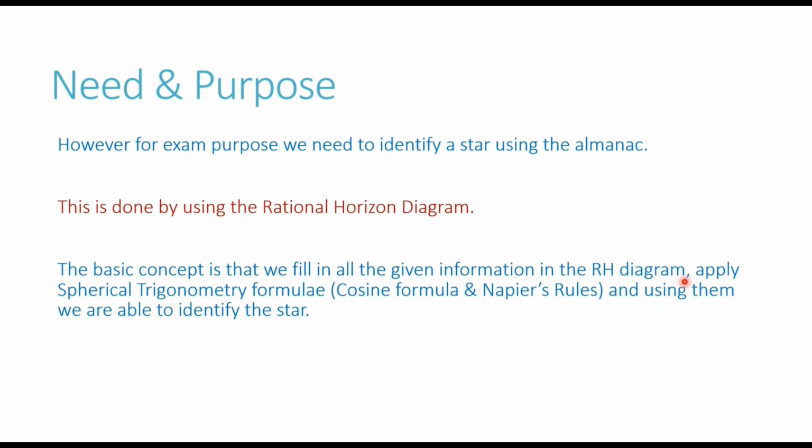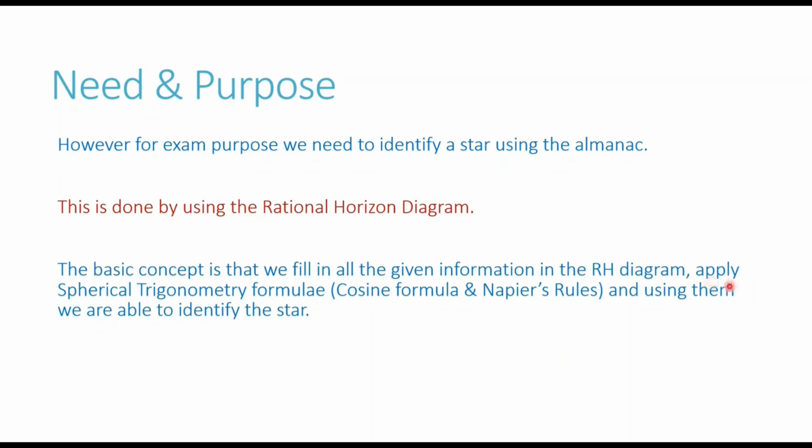Now, once you fill that up, the rational horizon diagram will give you the PZX triangle. So once this PZX triangle is there and some of its parts are known, PZX triangle is a spherical triangle.